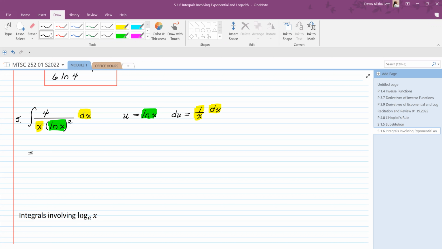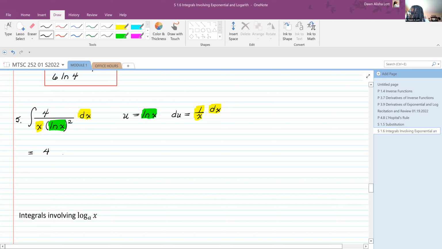Yes, I do. All righty, awesome. So this is 4 times the integral. Dx over x just becomes the du, and this becomes u quantity squared. So this is 4 times the integral of u to the -2 du.